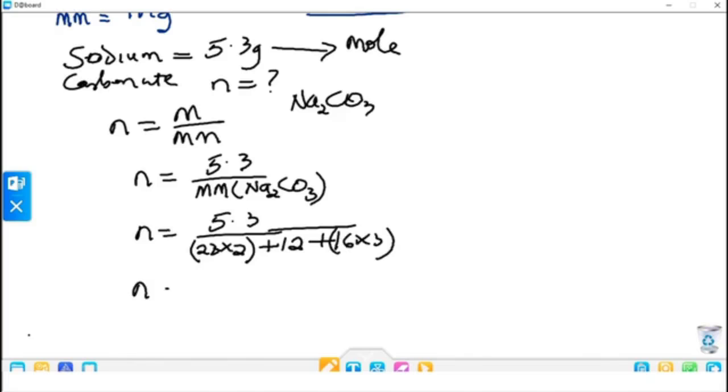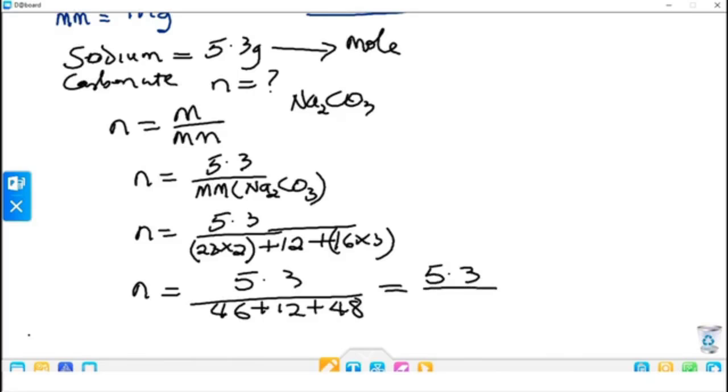So N is equal to 5.3 all over 23 times 2, which is 46, plus 12, plus 16 times 3, which is 48. That gives us 106. So our final answer will be 5.3 divided by 106.